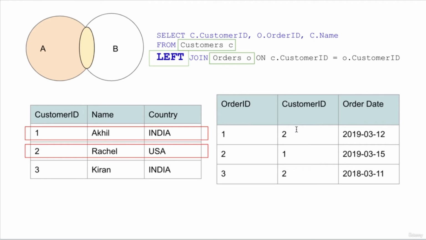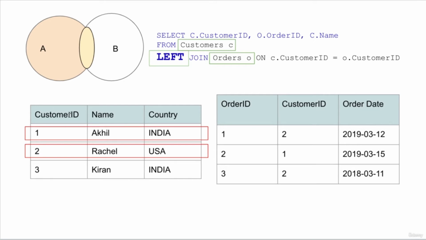Now you need to extract for each customer the customer ID, the order ID of the order they made and the name of the customer. Based on the definition of left join, we just select all the rows that satisfy a matching condition and all the rows that don't satisfy the matching condition but are in the left table.